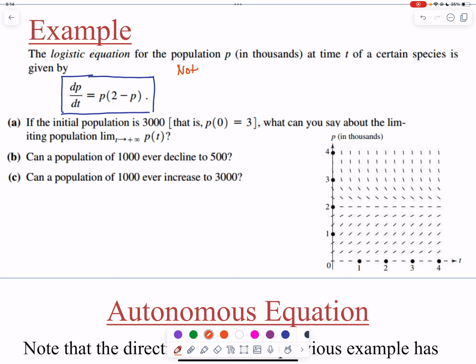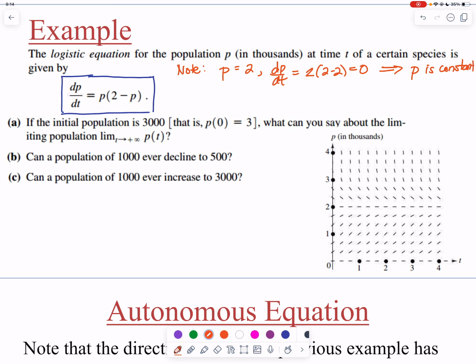Let's note that when P is equal to 2, which is 2,000, we have dP/dt equal to 2 times 2 minus 2, and that's equal to 0. So dP/dt is equal to 0, which means P is constant.